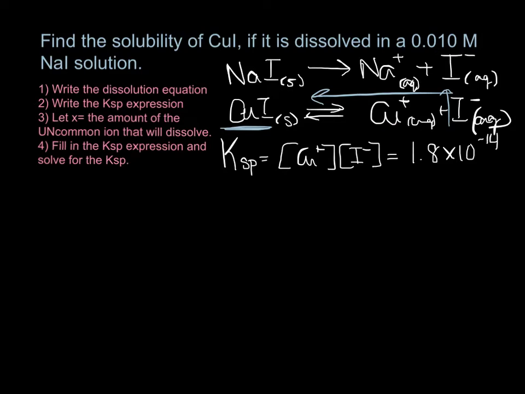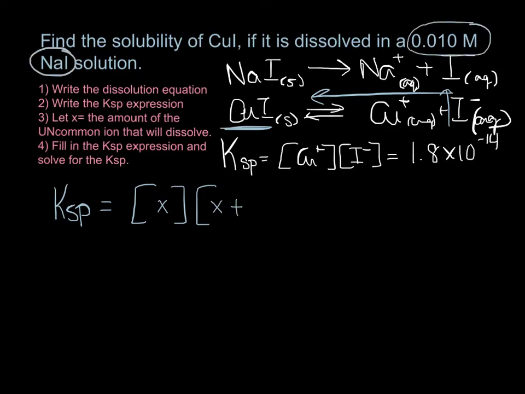Okay, so I'm going to plug into my KSP expression. The amount of copper that will dissolve is X. Now, the amount of iodide that will dissolve is also X, but we also have 0.01 molar of the NaI solution, which gives us 0.01 molar of the I minus.